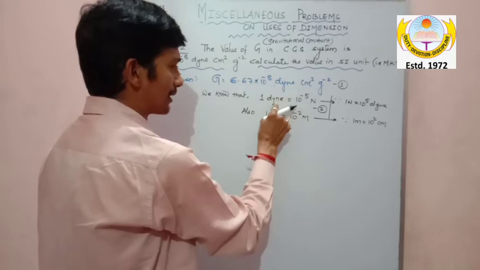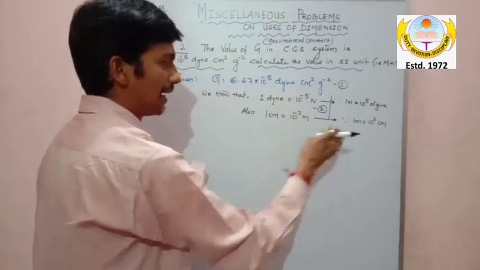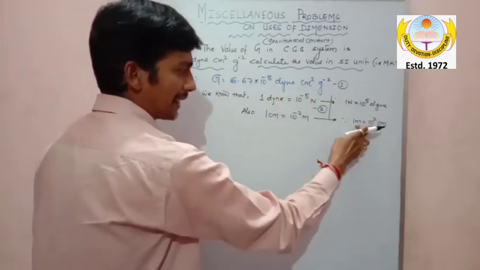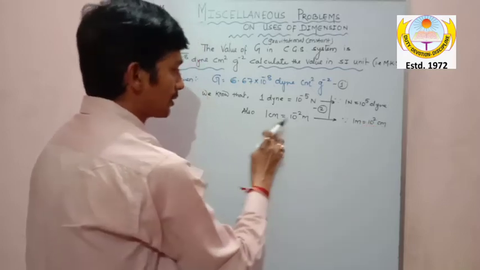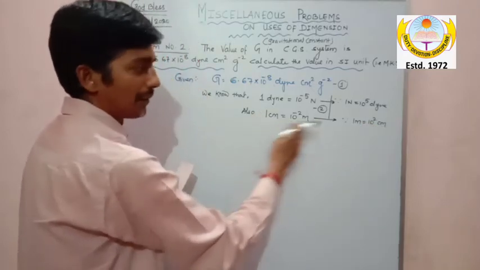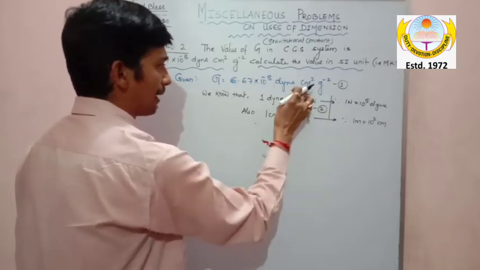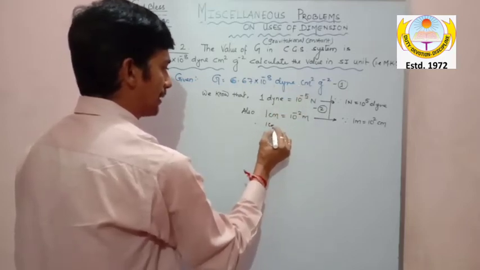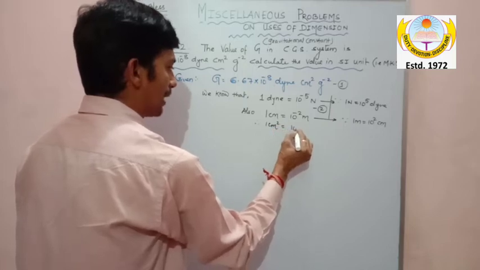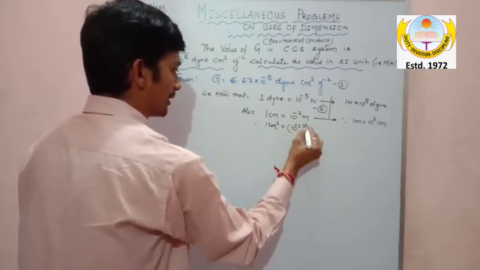So I will convert all CGS units into SI by this method. So 1 meter is 10 power 2 centimeter, so 1 centimeter will become 10 power minus 2 meter. But here it is not 1 centimeter, it is 1 centimeter square, so the square will become 10 power minus 2. Here also it is square.